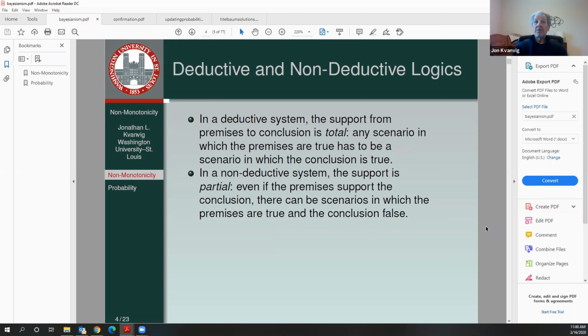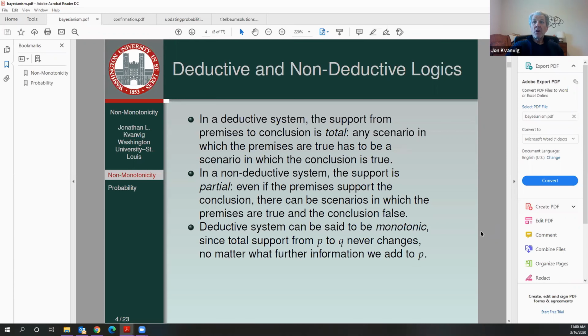That doesn't guarantee that you're going to win, but you now have information that supports the conclusion that you will win. It doesn't support it very strongly, but it supports it more than a 50-50 even chance of winning, and certainly more than just buying one ticket and counting on the odds working out in your favor. So in non-deductive systems, the support is partial.